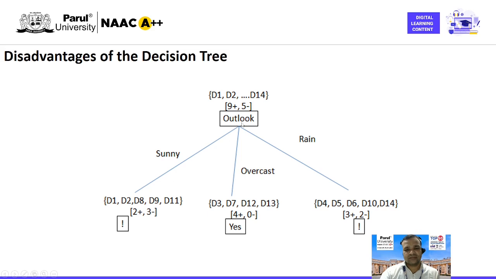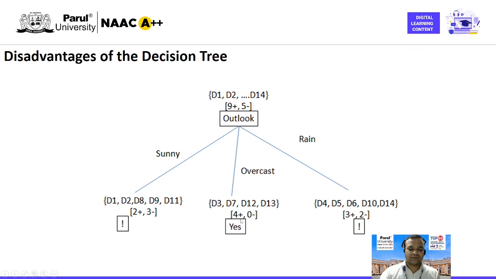So these are the branches of that particular root node. At the time of sunny, 2 said we can play, and 3 said we cannot play. So there are 5 samples in total.